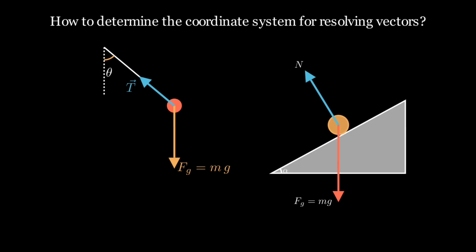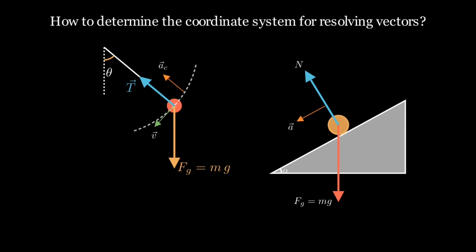In both cases, while the gravitational force acts downwards, the motion, as we saw, occurs along a different direction. So, to analyze the forces acting on it, we need a rotated coordinate system that aligns with the direction of motion, which in case of the pendulum is at a tangent to the centripetal acceleration and tension, and in case of the ball on the incline, it is along the downward direction of the slope and thus tangent to the normal force.